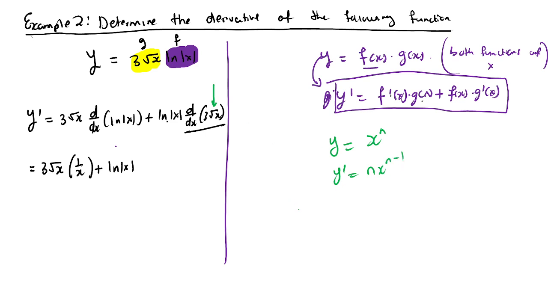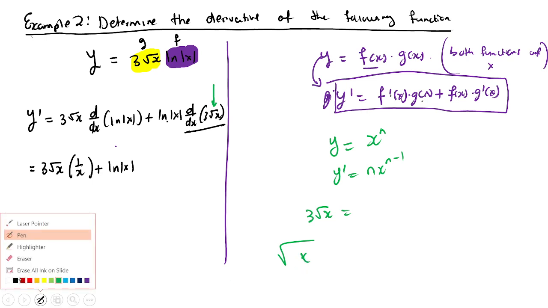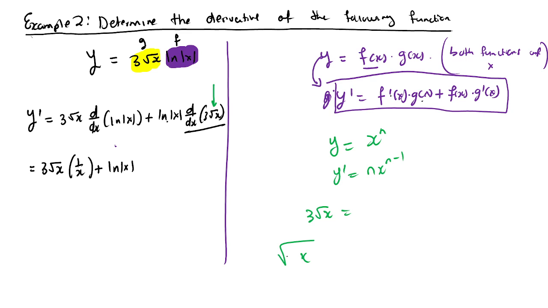So how are we going to change 3 square root of x in such a way that we have our x in terms of an exponent? Well, let's say maybe we have x square root of x. Now, to change this radical into an exponential form, there's an invisible 2 here. This is why it's called the square root. There's an invisible 2 there.